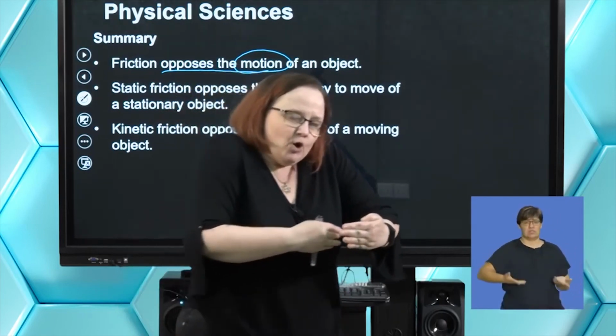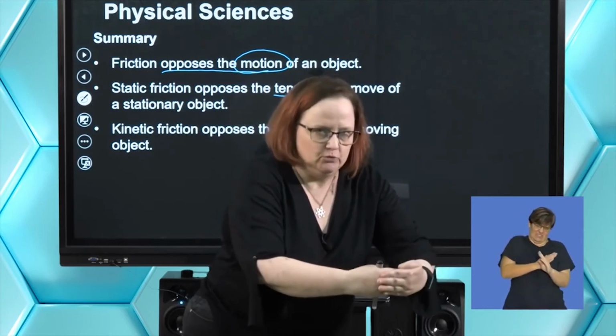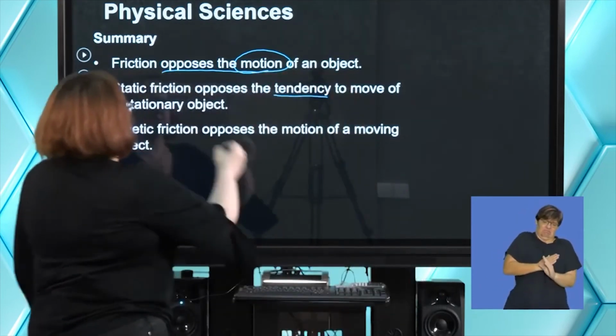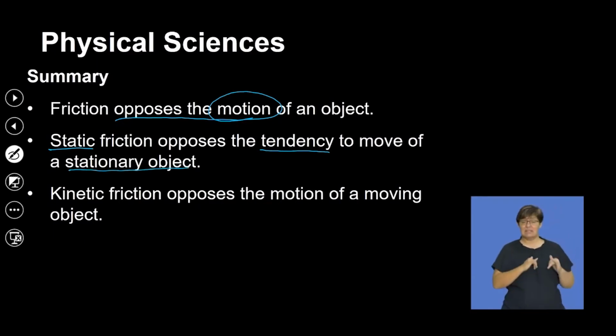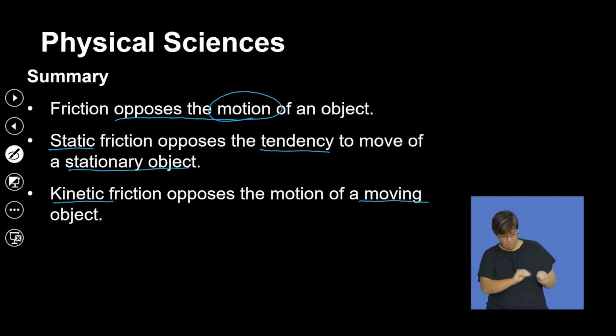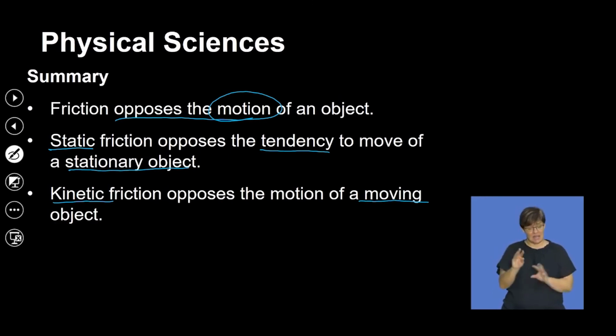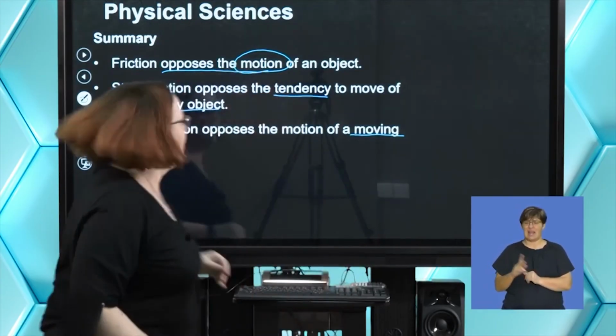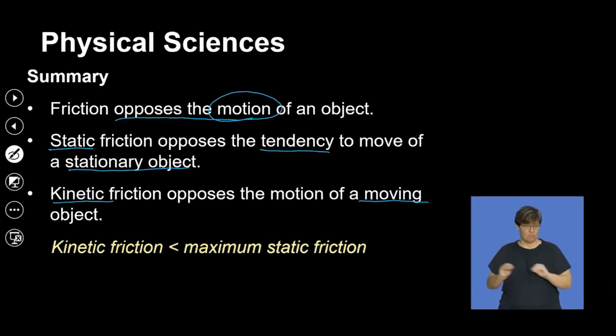So it's opposing the way it wants to move, okay? Static, stationary object. Kinetic friction opposes motion of a moving object. Moving, kinetic, like kinetic energy. It's got to be moving, okay? Kinetic friction is always smaller than maximum static. Always, always, always.